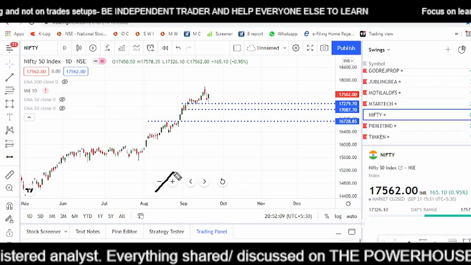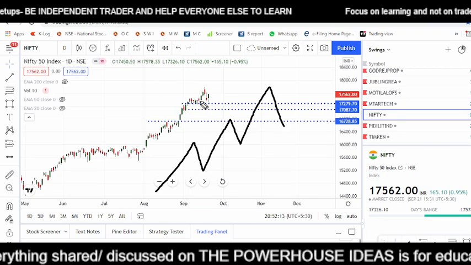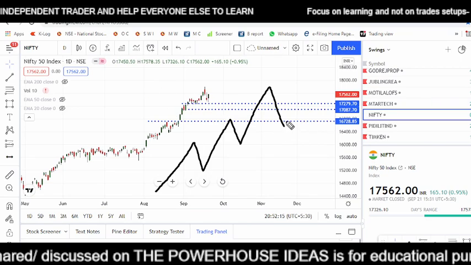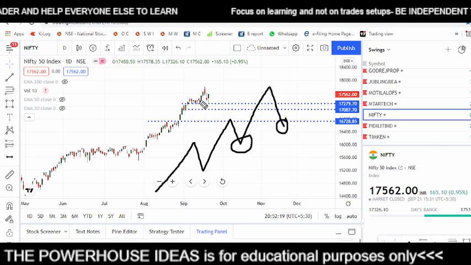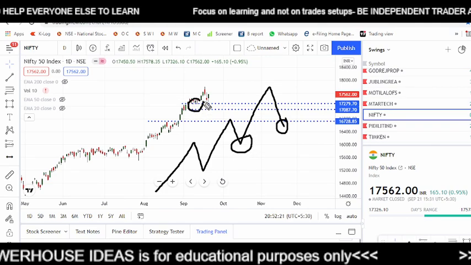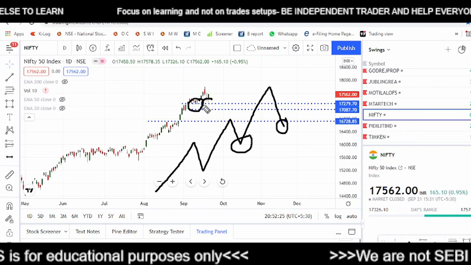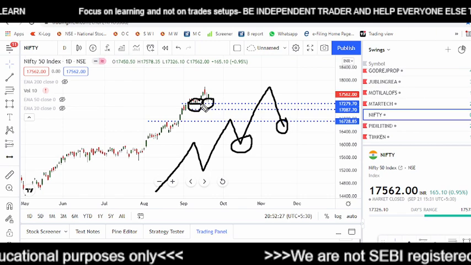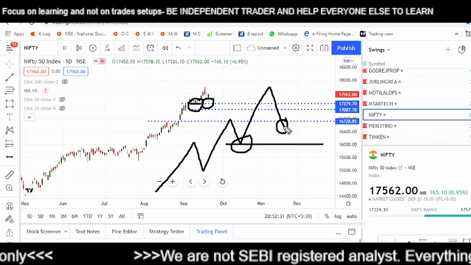I have already told you, when Nifty moves in an uptrend, it creates higher highs and higher lows. It means the next low created is always higher than the previous low. Now over here, this was the previous low formed by Nifty, and today Nifty took support from the previous low area, that is, Nifty did not break below its previous low.